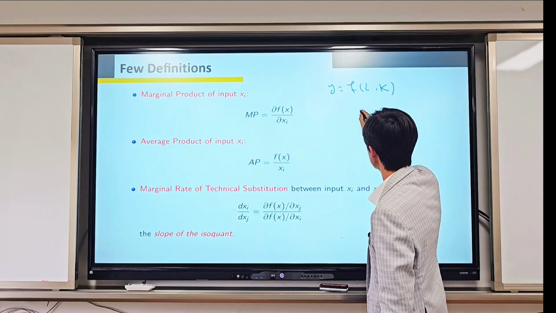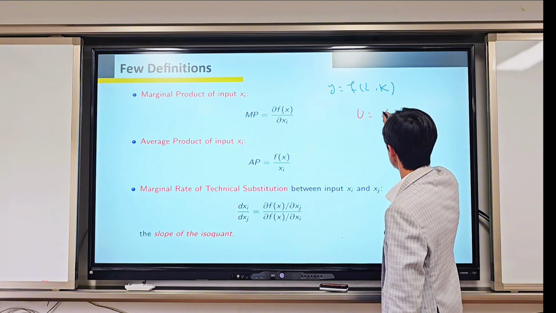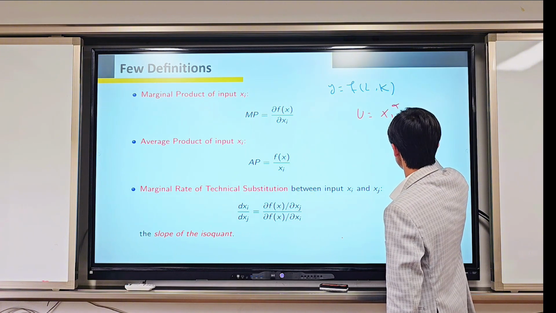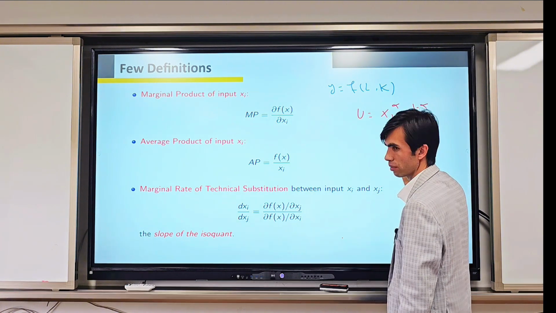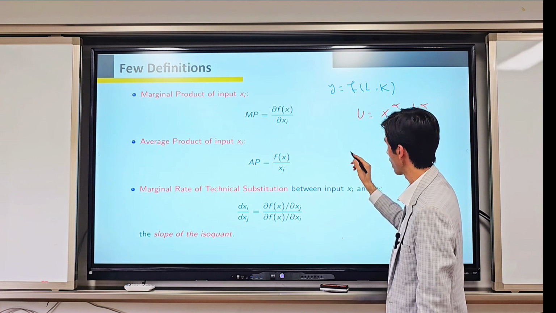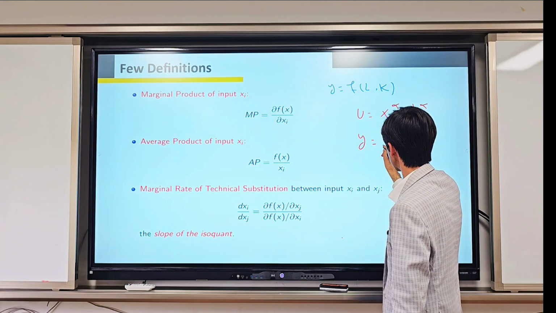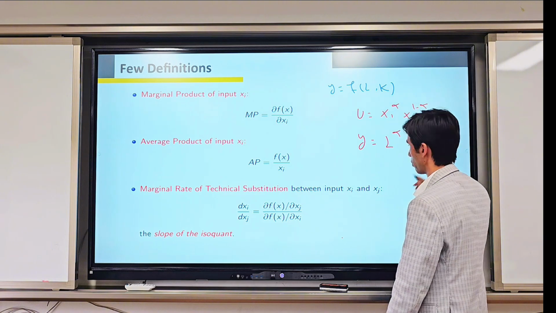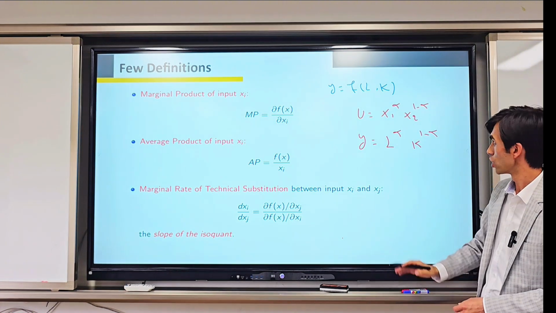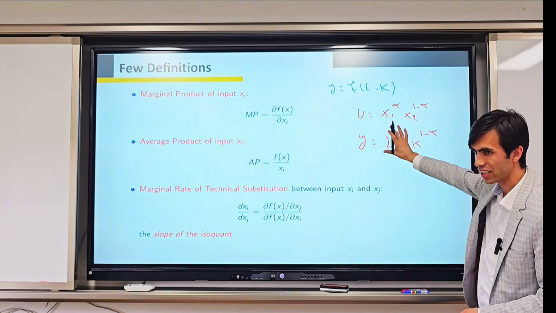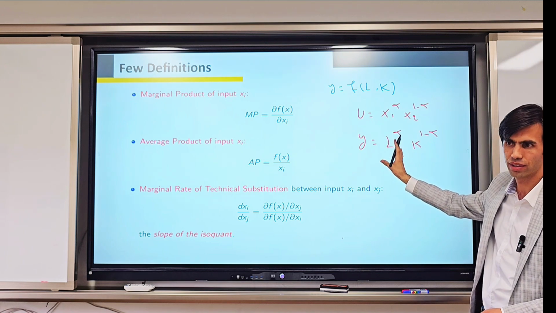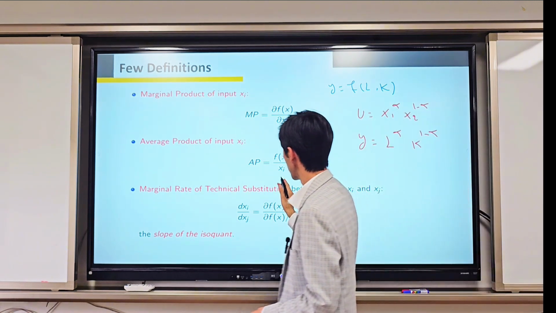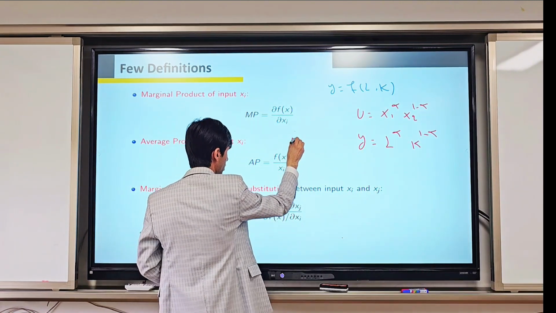Like we have u equal to x1 to the power of alpha, x2 to the power of 1 minus alpha as a utility function, and we have y as a production function, L to the power of alpha, K to the power of 1 minus alpha. So when we have similar functions, they have a similar shape, and the isoquant is similar.